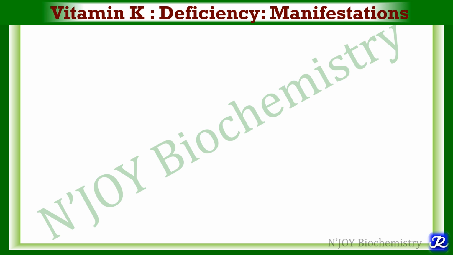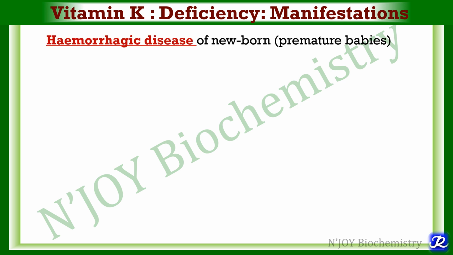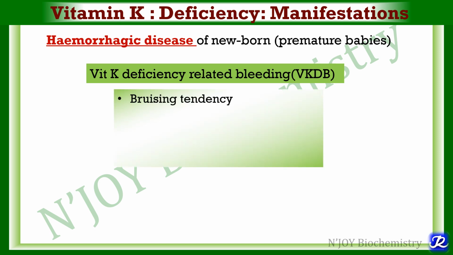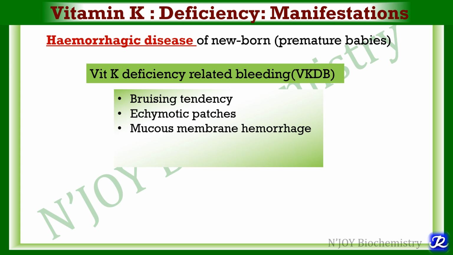What are the deficiency manifestations of vitamin K? Vitamin K deficiency is manifested as hemorrhagic disease in the newborn, especially in premature babies, and this is often called vitamin K deficiency related bleeding, that is VKDB. And various clinical features are bruising tendency, ecchymotic patches, then mucous membrane hemorrhage, post-traumatic bleeding, internal bleeding.